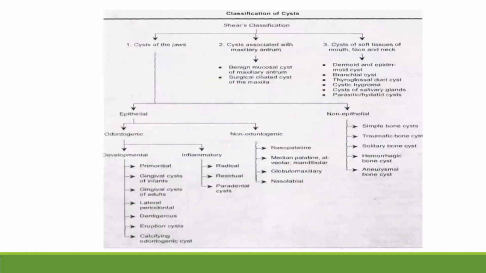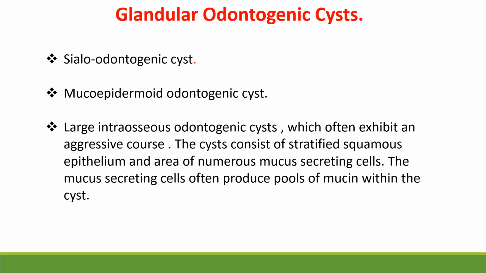This is the classification of the cyst by Shear. Glandular odontogenic cyst. It is also known as the sialo-odontogenic cyst or the mucoepidermoid odontogenic cyst. It is a large intraosseous odontogenic cyst which often exhibits aggressive courses.